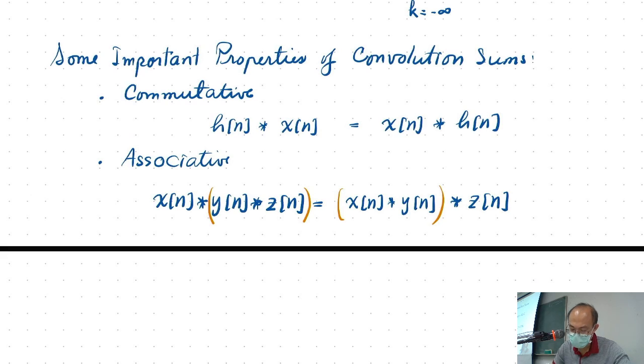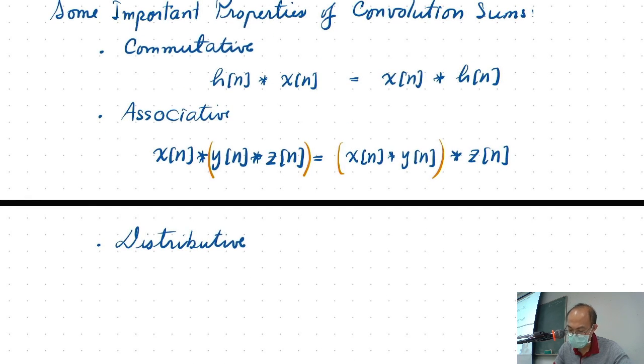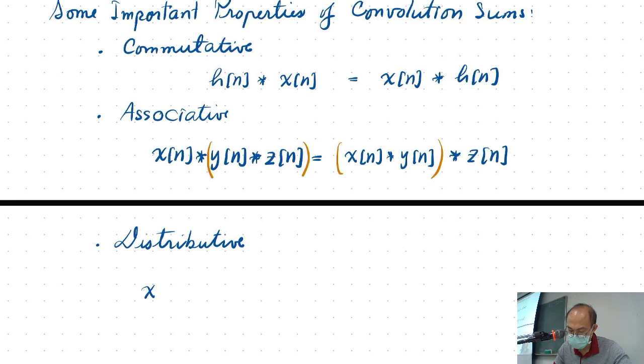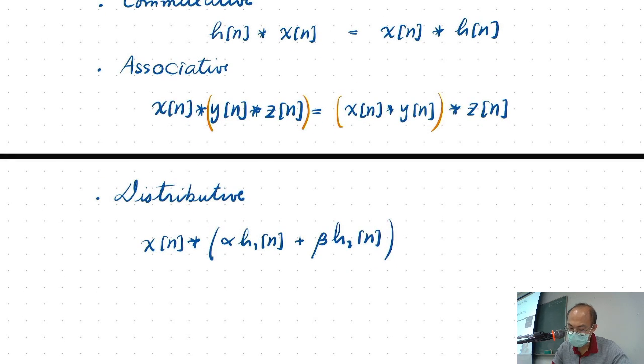The third property is called the distributive property. The distributive property says that if I do x[n] convolved with alpha h1[n] plus beta h2[n], where alpha and beta are constants, now I can bring x as well as the convolution operation inside the parentheses, just as I would do for multiplication, and the result will be the same.